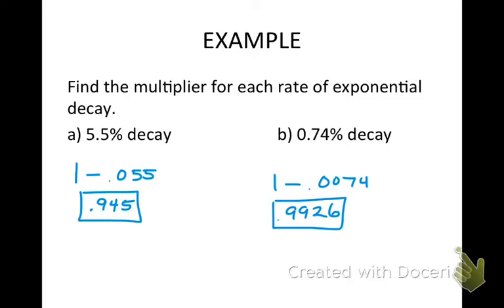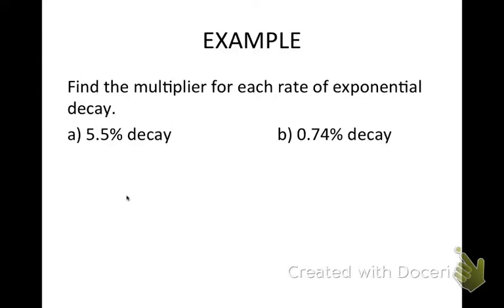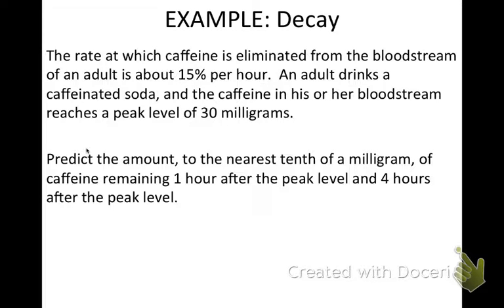Okay, all right, let's do a problem and then we'll be done. So the multiplier is the same thing as the growth rate, right? Yeah, and the homework's going to say find the multipliers.